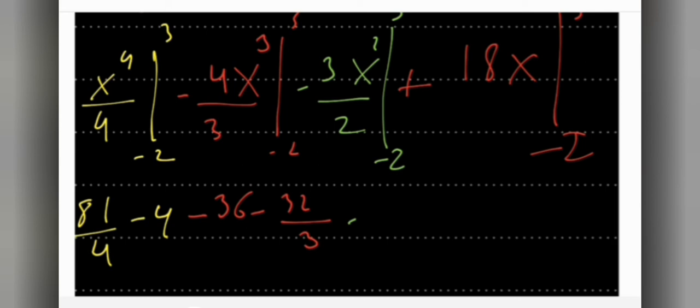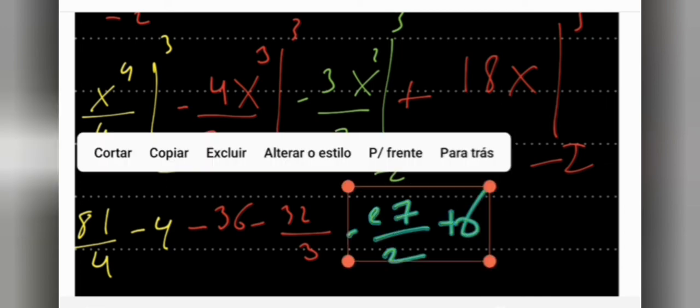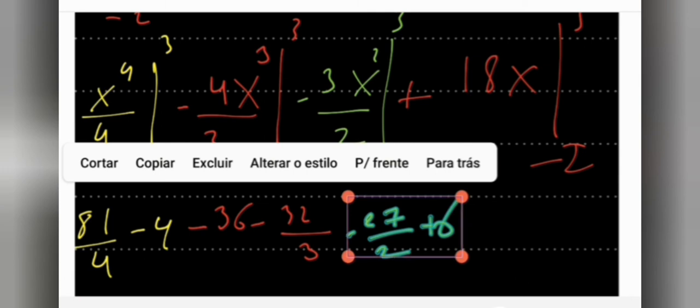So we are going to have minus 27 divided by 2, and then we are going to have minus, because we are going to the down part, but we have a minus over here, so it is plus, okay? Plus 3 divided by 2 x squared, minus 2 squared. Okay, so this is going to be what? Plus 6, right? Plus 6 over here.